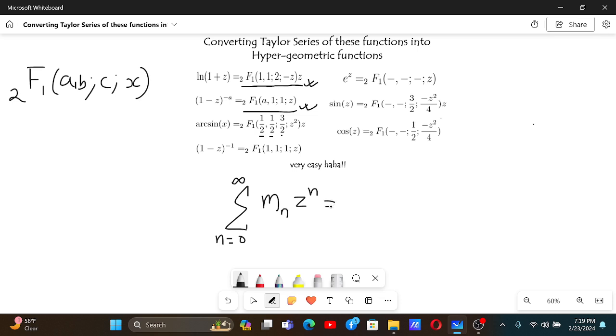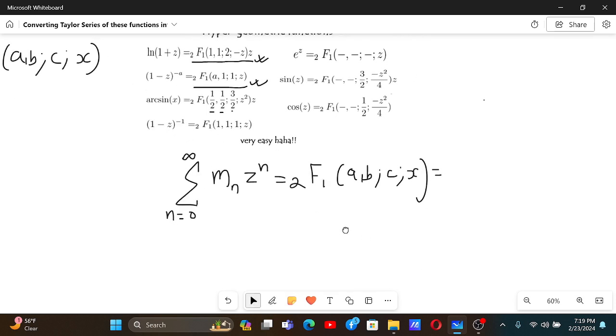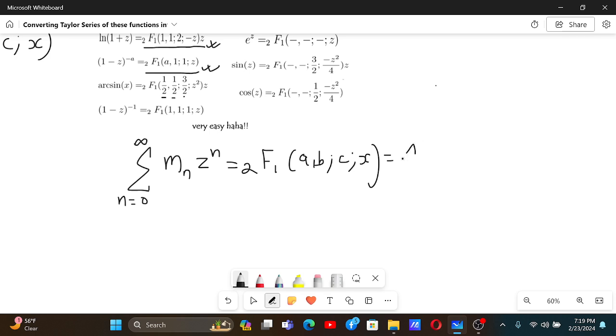And if you want to make this a hypergeometric series with, let's say, constants a, b in the numerator, c in the denominator, and x as a variable, we know that the hypergeometric series can be expanded as a sum going from n equals 0 to infinity of a sub n, b sub n by c sub n, and then x to the power n by n factorial.